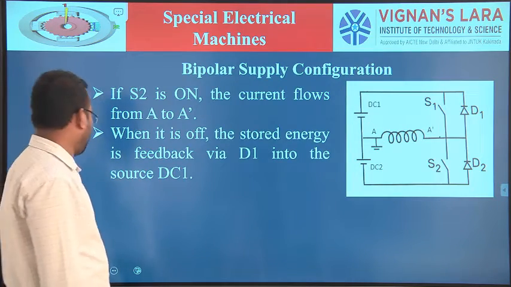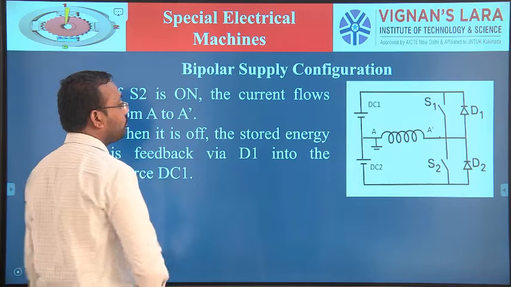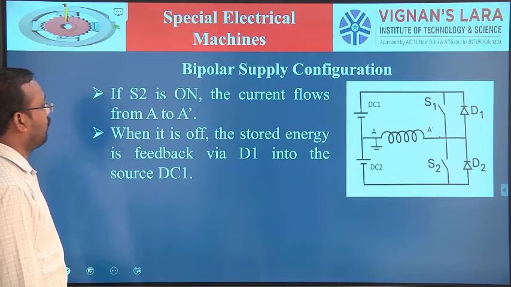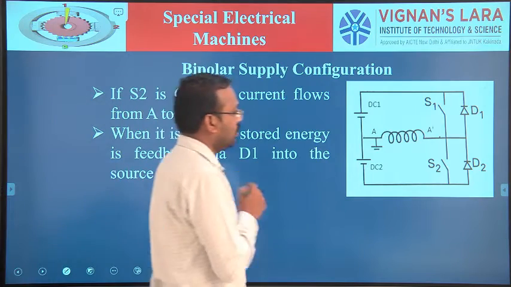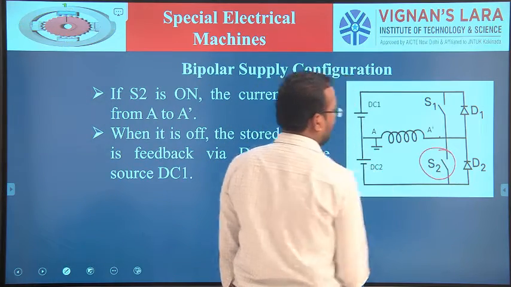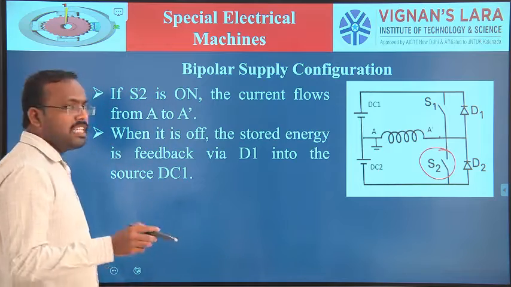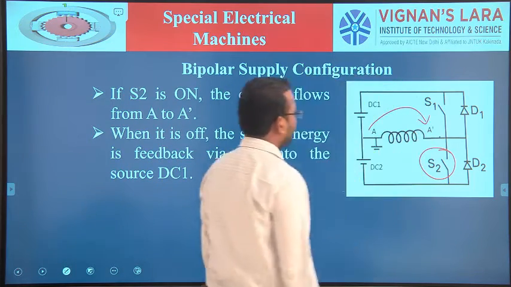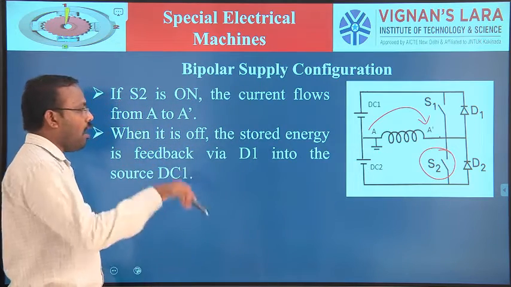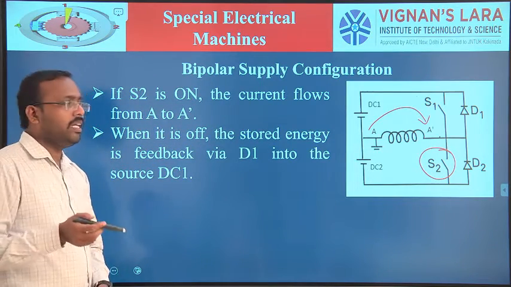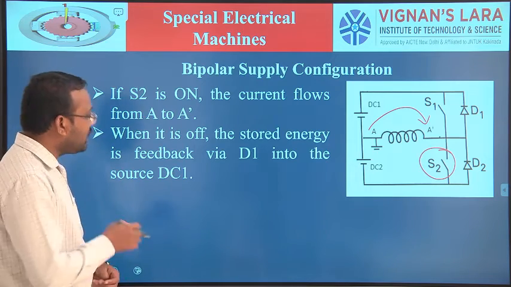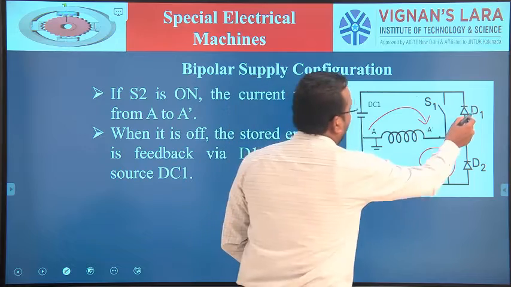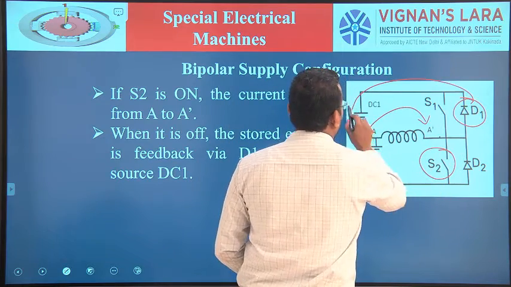The second mode is when S2 is on. Where is S2? This is S2. When S2 is on, the current flows from A to A prime. When it is off, the energy stored in the inductive winding is fed back to the source via diode D1 to DC1.